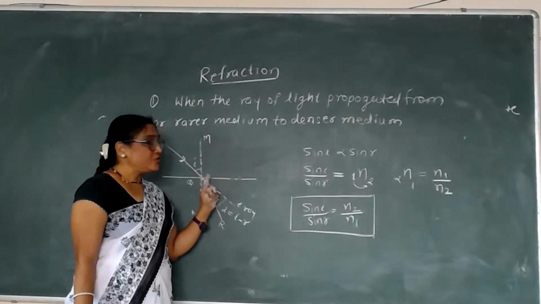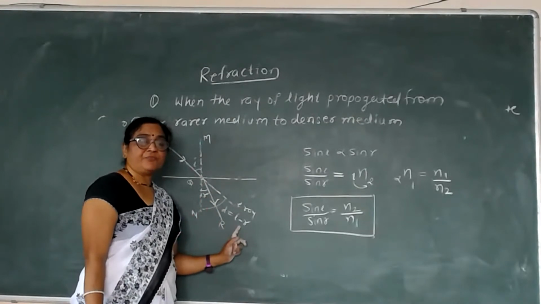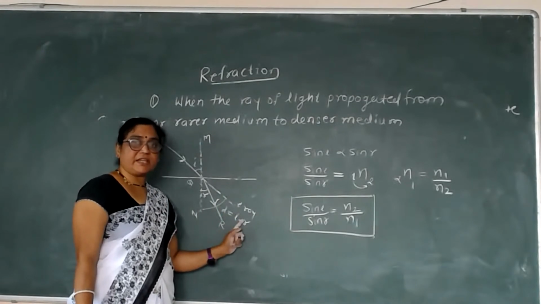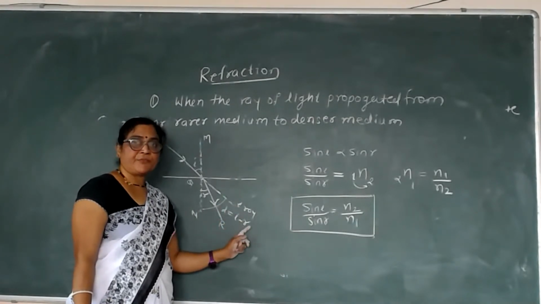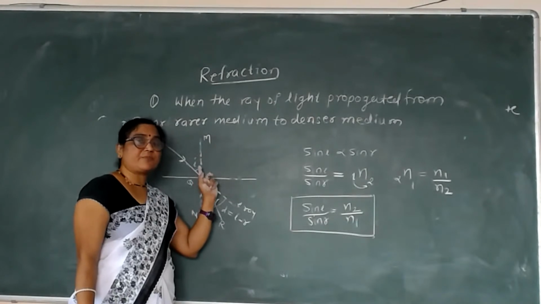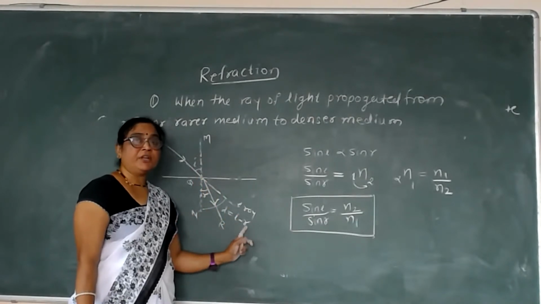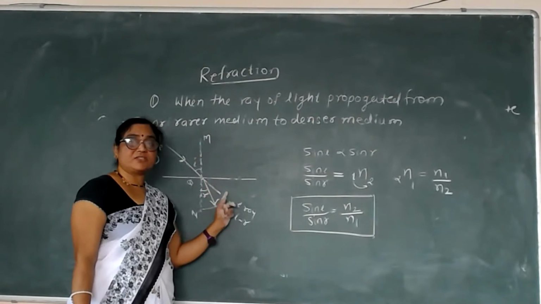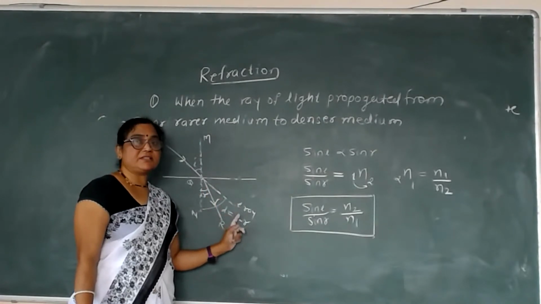For the bending of light there are three parameters: the first is velocity, the second is frequency, and the third is wavelength. When the ray of light passes from one medium to another in refraction, the frequency does not change, but the wavelength changes.